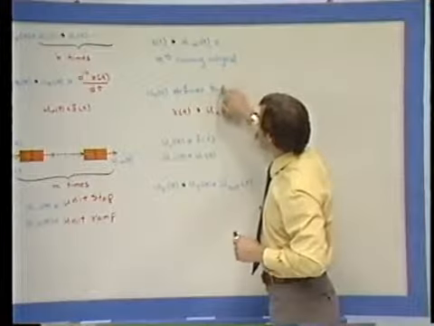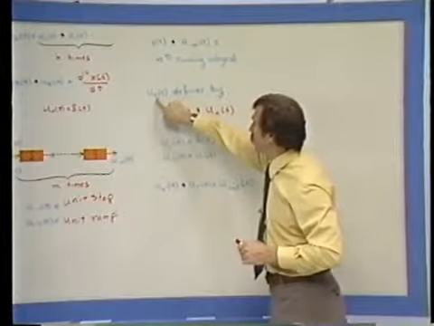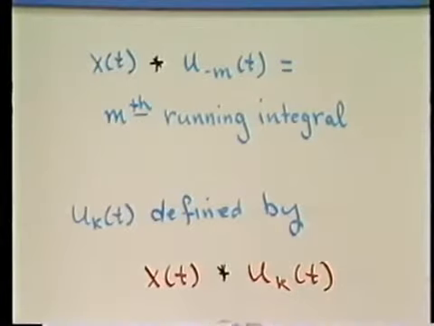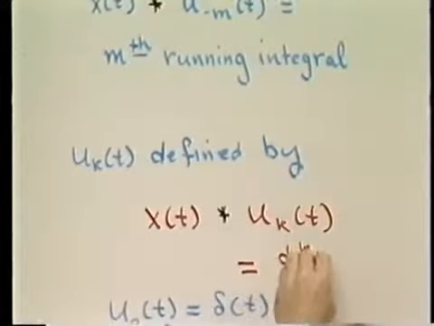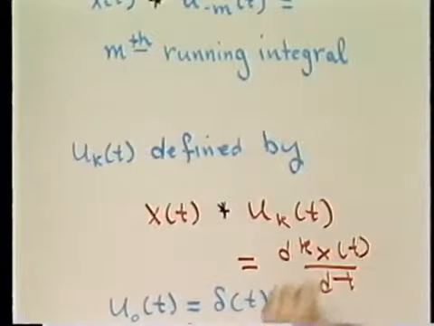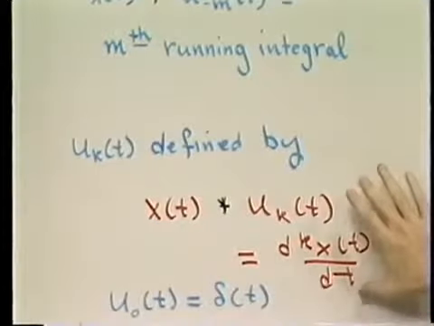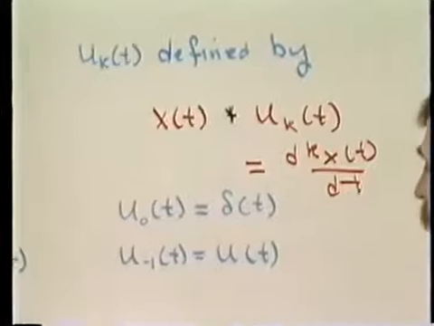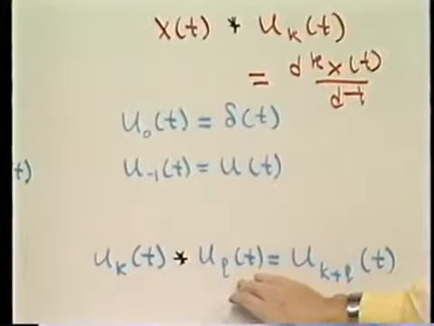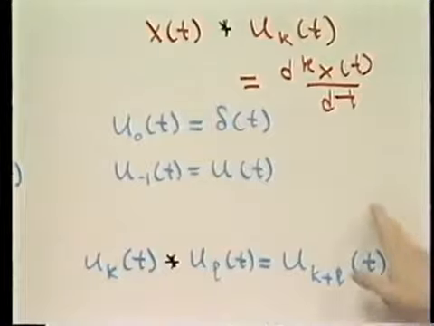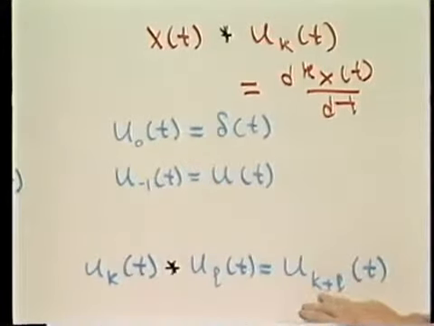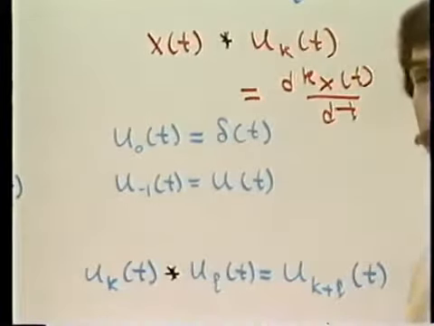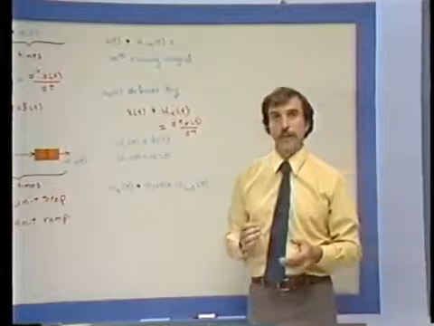And likewise, u sub k of t, with a positive subscript, has an operational definition which is the kth derivative of x of t. And partly as a consequence of that, if we take u sub k of t and convolve it with u sub l of t, the result is the singularity function with the subscript which is the sum of k and l, and that holds whether these are positive values of the subscript or negative values of the subscript.